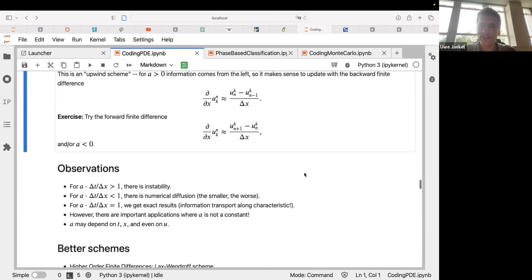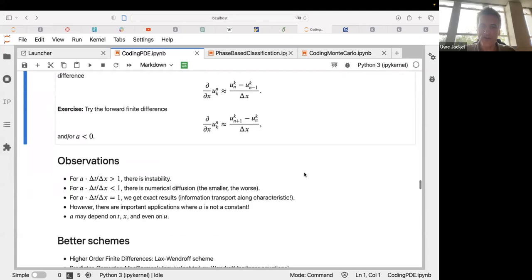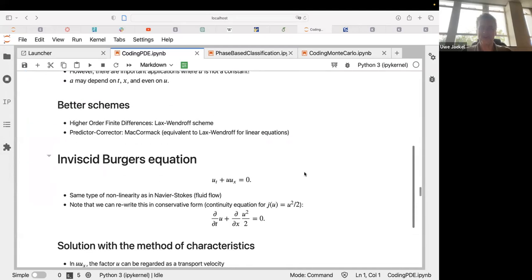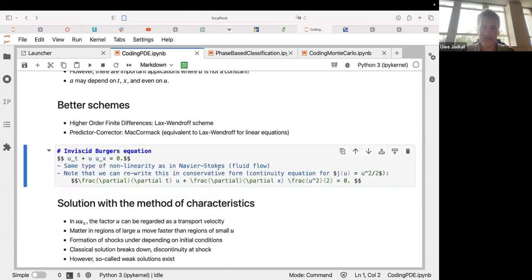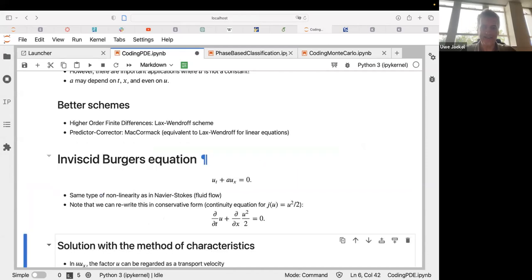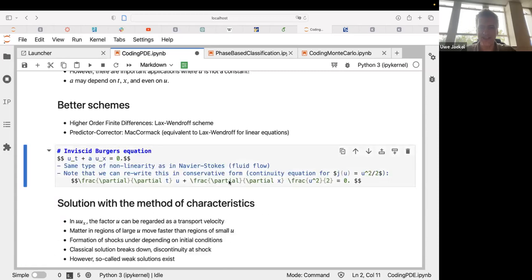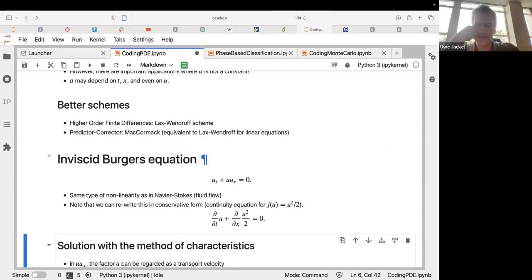Now let's look into a somewhat more complicated problem, and this is the inviscid Burgers equation. Looks very similar, but now we don't have an A, a constant velocity in front, but we have u itself.